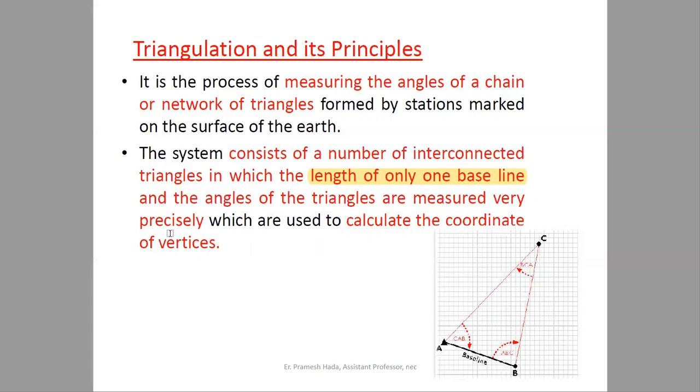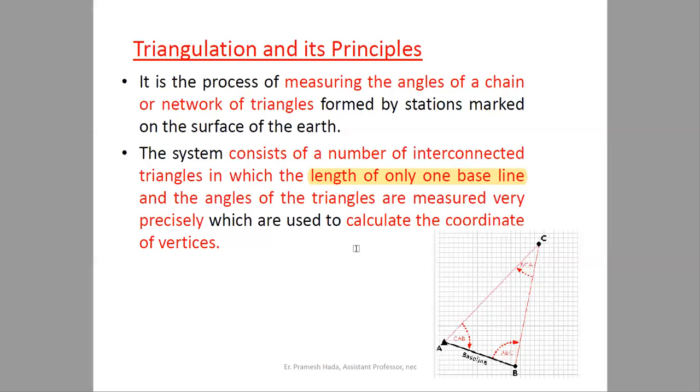Then its accuracy is not that high. But if we measure the same angle and the possible error is 2 seconds or 1 second, then its accuracy is definitely very high. So precision means that the chances of error should be the least.